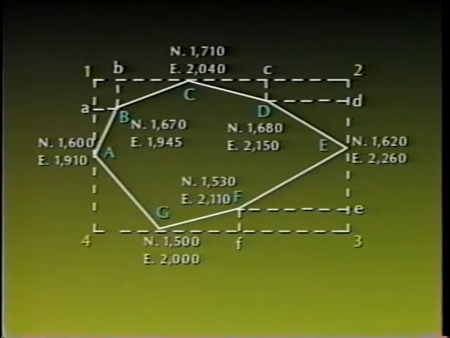The second step is to determine the area of the large rectangle, 1, 2, 3, 4, from the differences in coordinates. The third step is to calculate the area of triangle A, B, a, rectangle small a, b, small b, 1, the triangle large B, small b, large C, and so on, around the perimeter of the parcel.